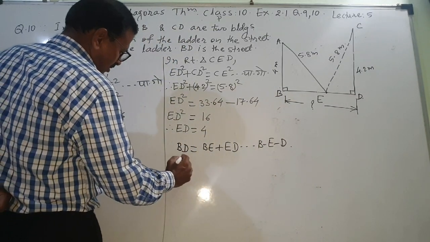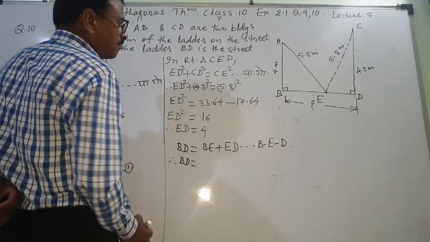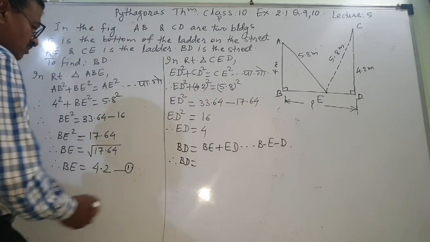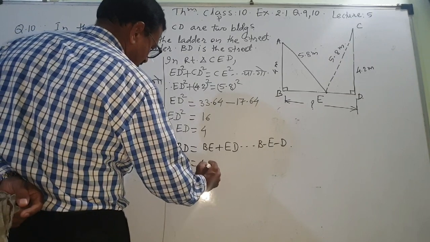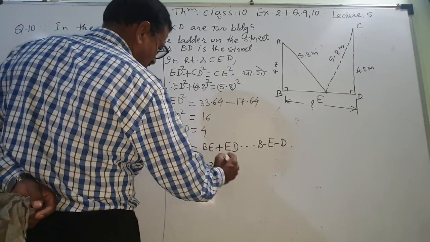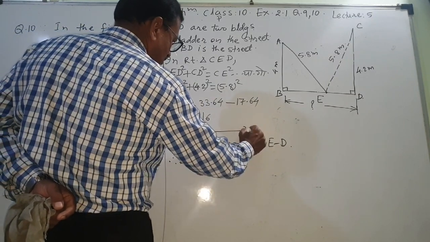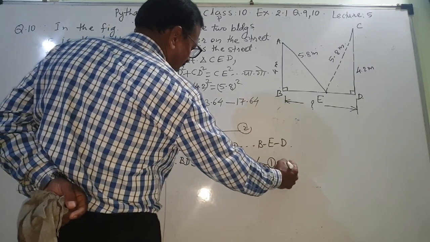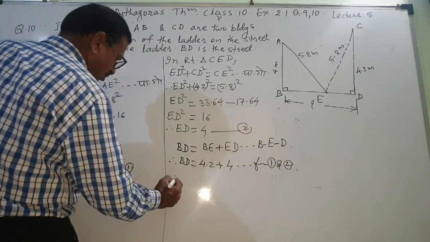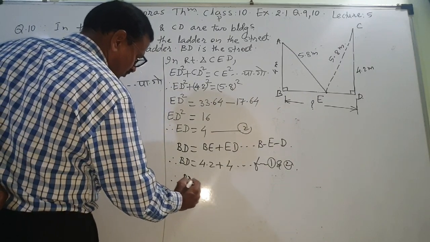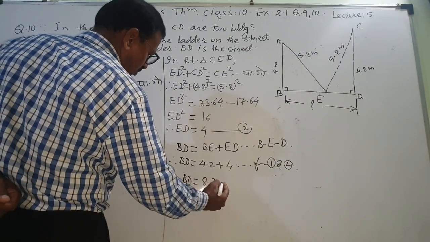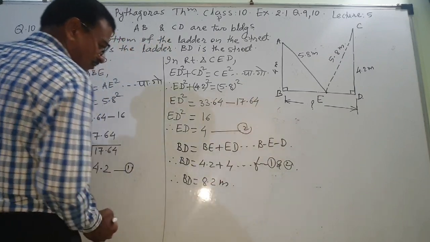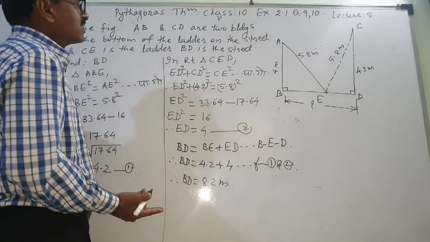Therefore, BD equal to BE is how much? Just we have found 4.2 plus ED is how much? 4. This is number 2. Here we will give the reason from 1 and 2. Therefore, BD equal to 8.2 meter.